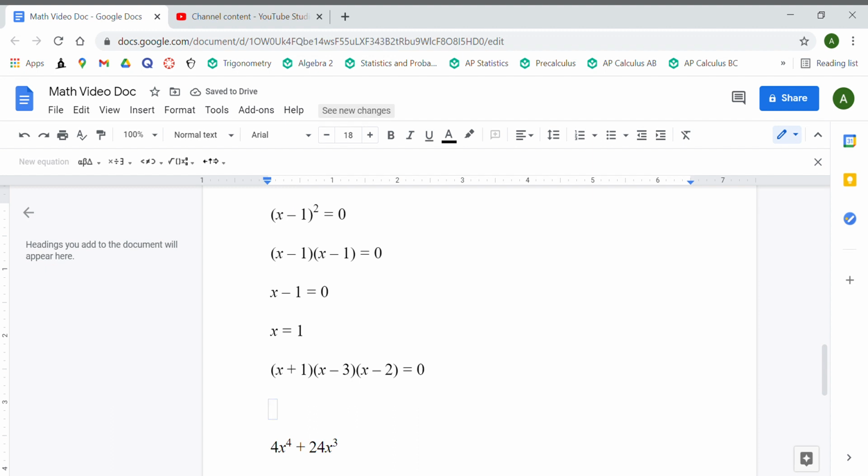We set each chunk equal to 0: x plus 1 equals 0, or x minus 3 equals 0, or x minus 2 equals 0. Then we solve each of them. So x equals negative 1, or x equals 3, or x equals 2. So x equals negative 1, 2, 3. Alright, that was pretty easy, guys.